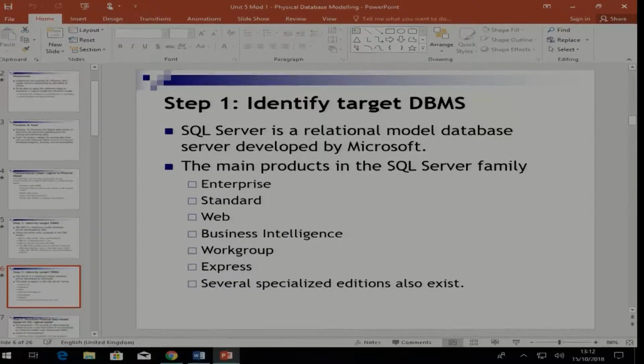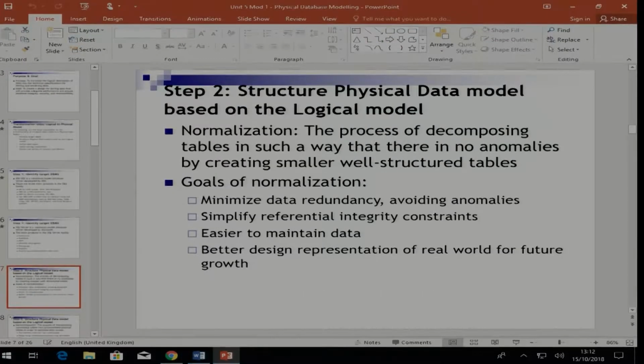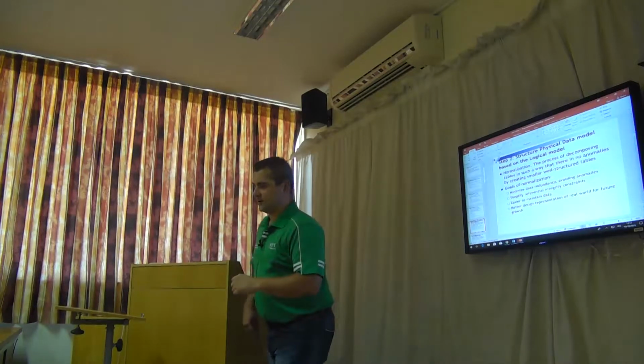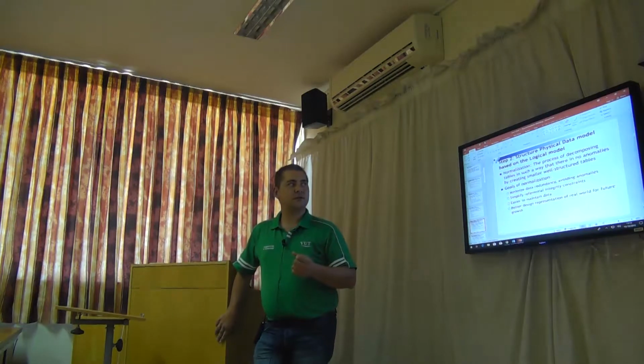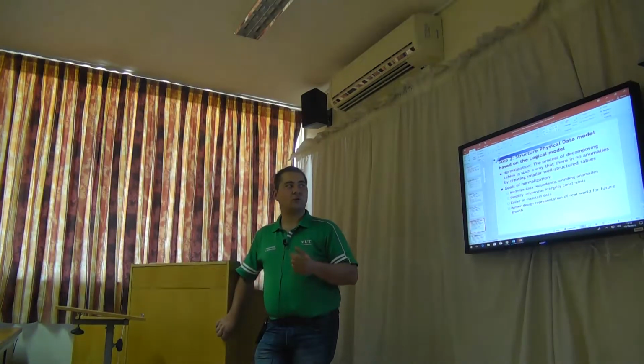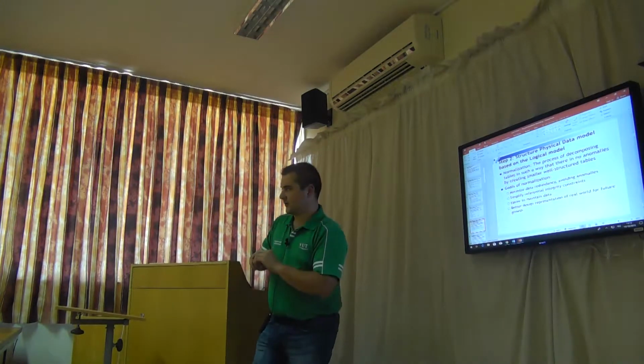Now, in our case, as the second step of this, we need to look at creating a physical data model based on your logical data model. So that means that in some cases you might need to apply the principle of normalization, or even denormalization, where normalization is the process of decomposing tables in such a way that there are no anomalies, creating smaller, well-structured tables.